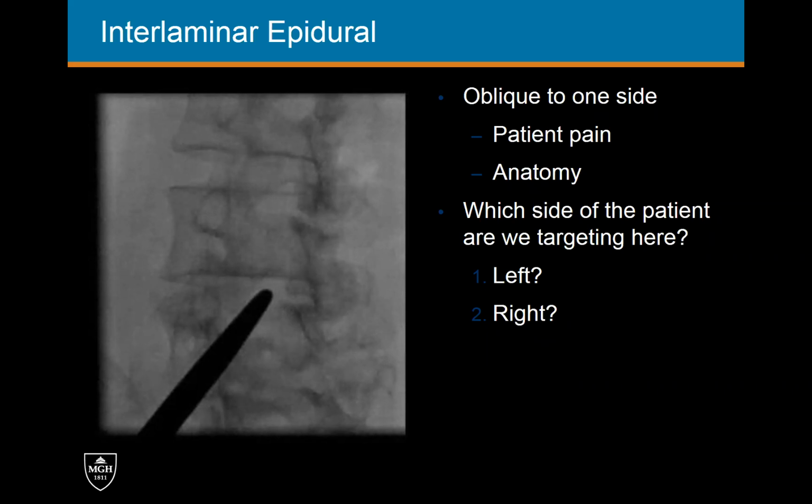So we come from the side that the patient has more pain, and if it doesn't matter, then we usually do the right side, mainly because if you do the right side, the eye isn't in your face.